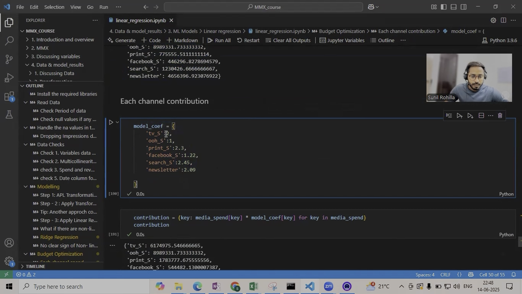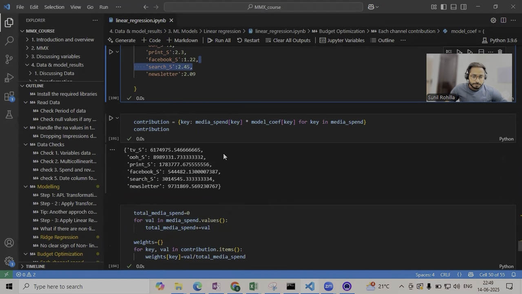So let's say our model gave us two coefficients for the TV spend, one for OOH, 2.3 for print underscore S. And how can you interpret these numbers in layman's terms? If you spend $1 in TV advertisement, then you will get $2 in return, right? So this is the layman's interpretation for this, and similarly for these other numbers.